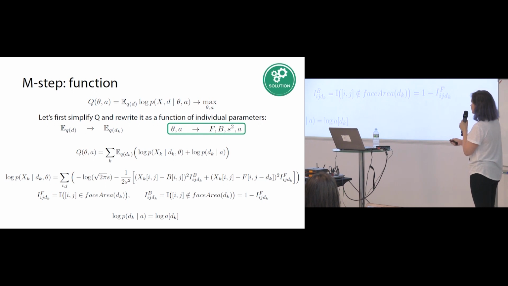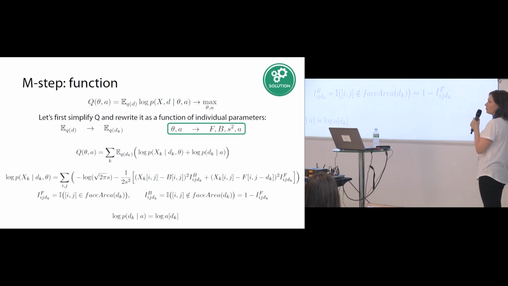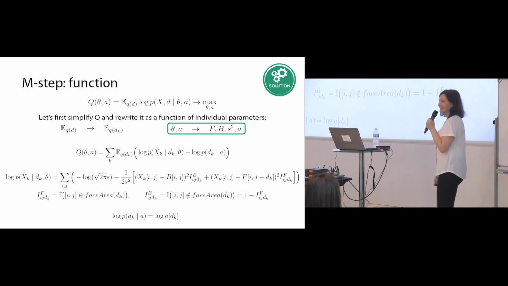This part is from the normalization constant of the normal distribution. This part is from the exponent of the normal distribution for the pixels from the background. And this is the part from the exponent of the normal distribution for pixels from the face. Is it clear? I think this part is clear, it's our prior. That's all. You will have this formula on the next slide. Don't worry. Okay? Continue.